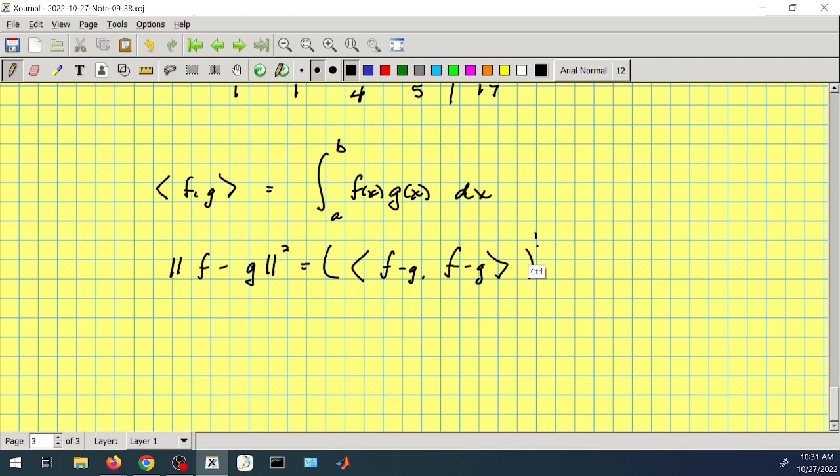The distance squared is the inner product of the vector with itself. So you get the integral from a to b of f of x minus g of x times itself dx. But this is a somewhat more costly length than we really need.